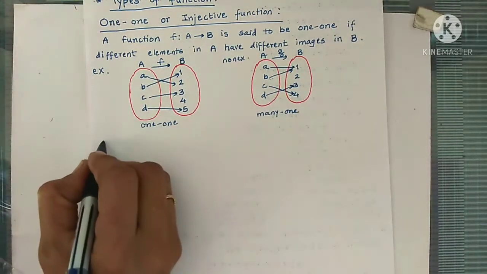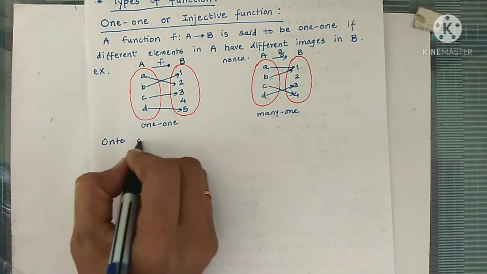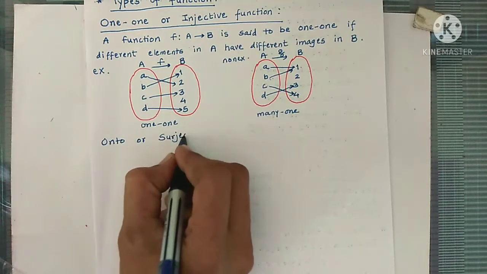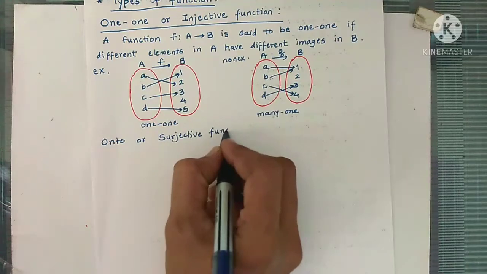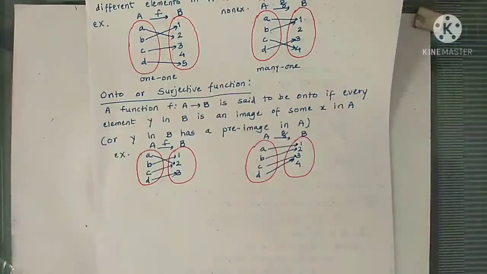Next is onto, or surjective mapping or surjective function. Again, first let's see the examples and then we will define an onto function.